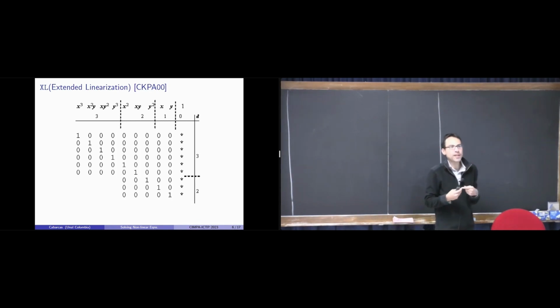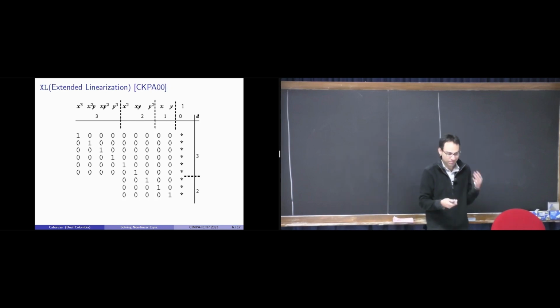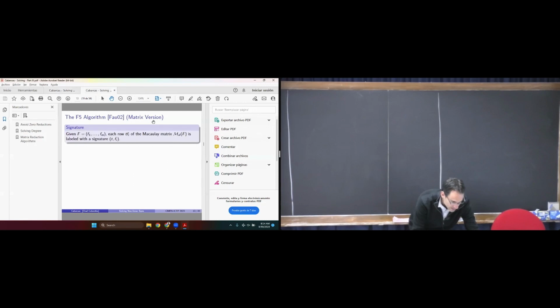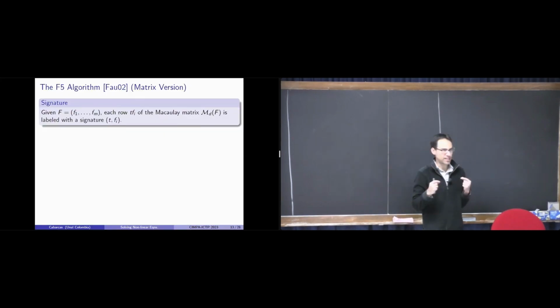And if we can avoid them before we construct this huge matrix, that would be great, because there's going to be a lot of redundant rows. So the more we can reduce that, the better. And that's what the F5 algorithm does. It provides us with a systematic way to avoid lines in this sort of algorithm.